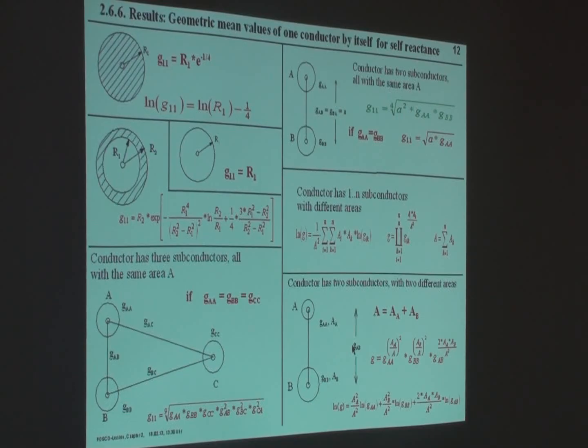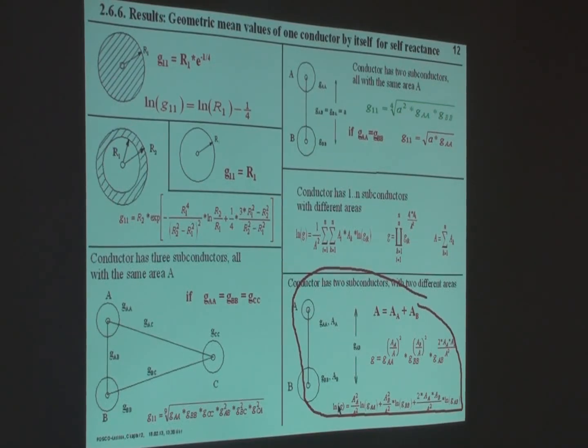Okay? So, I think this is not practical. If you have a big conductor and a small conductor, if you have 2 tubes, 3 tubes, 4 tubes, you would never make one different from the other. It makes no sense. Why? What is the reason? Because if you make A and B parallel, A would have more current than B. There would be more current flowing, and the current density would be higher.